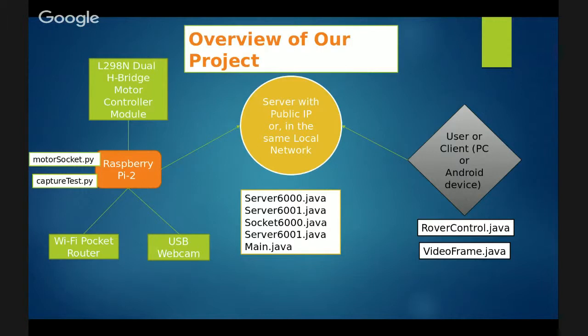To get the video, we need a webcam and an internet connection to the Raspberry Pi. We also need a Wi-Fi pocket router or a Wi-Fi adapter.